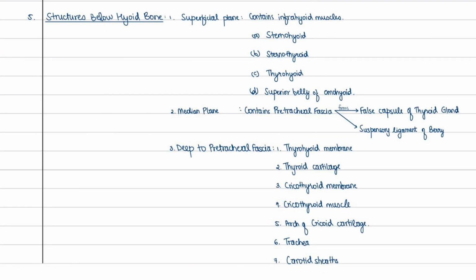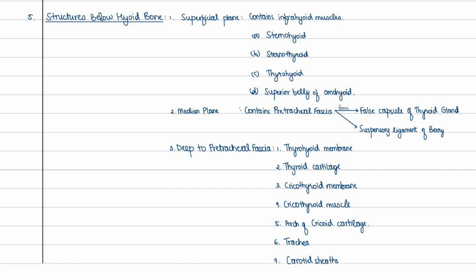Now, let's study the structures below the hyoid bone. We can study these under three subheadings: superficial plane, median plane, and deep to pretracheal fascia. The superficial plane contains the infrahyoid muscles, which we'll be studying shortly. The median plane contains the pretracheal fascia. As the name suggests, it's pretracheal, which means it's present in front of the trachea.